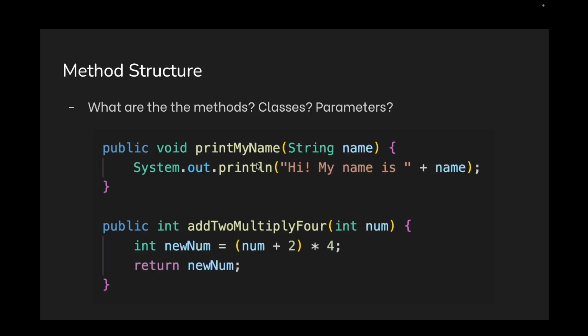You can identify these are classes because they have this green highlighting, but mostly because of the naming convention, right? They have capital letters. And then our parameters are name and num. So num is short for number. Whenever you see that, it just means number. In this case, we're using the parameters to implement some kind of feature of the method.